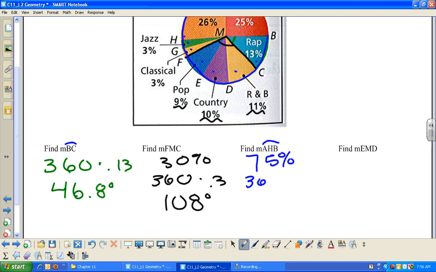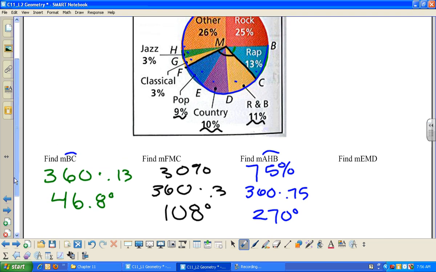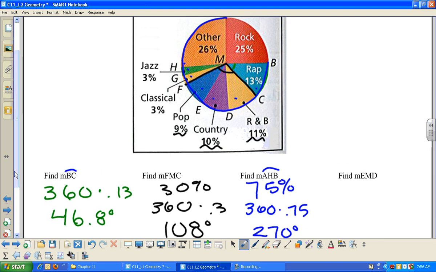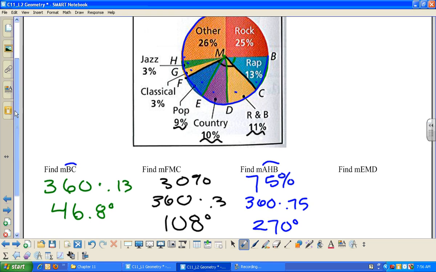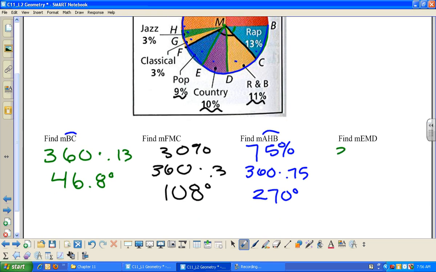So I will do 360 times 0.75, which is equal to 270 degrees. And EMD: I start at E, go to M, then D, and that's 10%. So 360 times 0.1 would be 36 degrees.